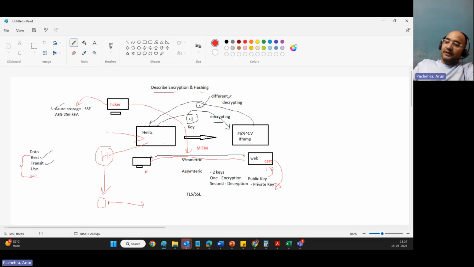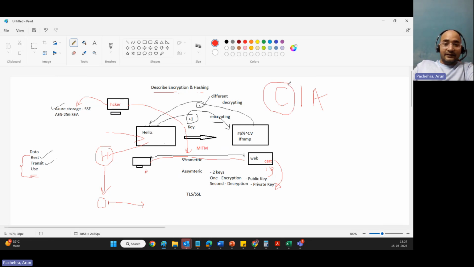Simple and sweet. If we would like to see the difference between encryption and hashing, the very first thing is that encryption can be reversed, but hashing cannot. It's a one-way process. And if we talk about the purpose, remember CIA? Encryption takes care of confidentiality.